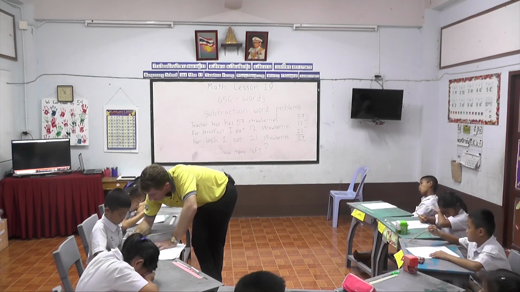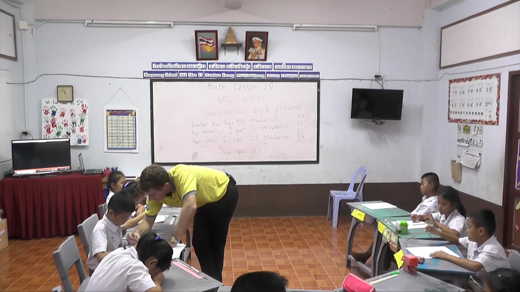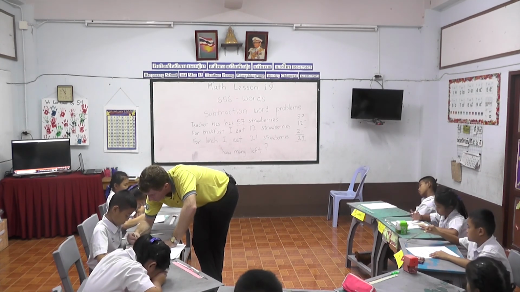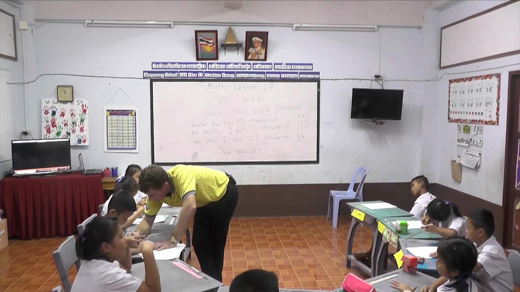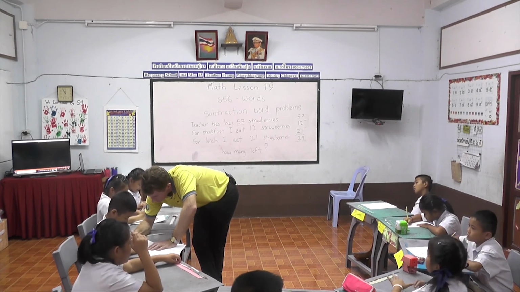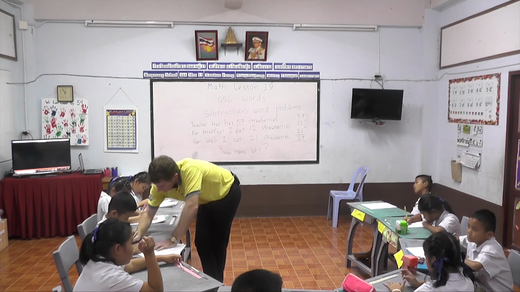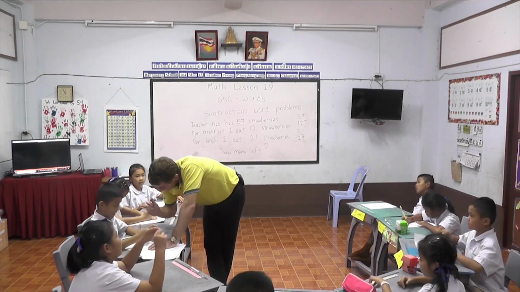So 10 minus 8, 2. 9 minus 8, 1. 3 minus 5, we cannot do. 13 minus 5, 8.